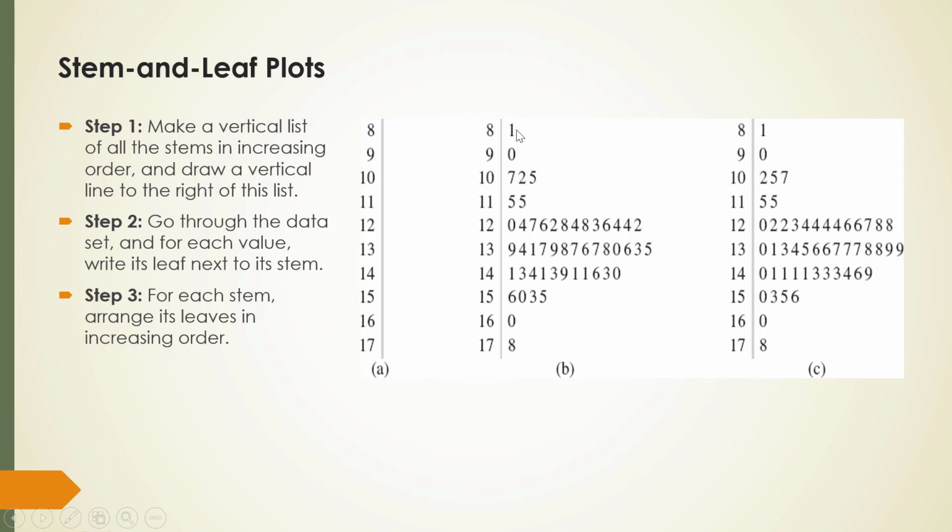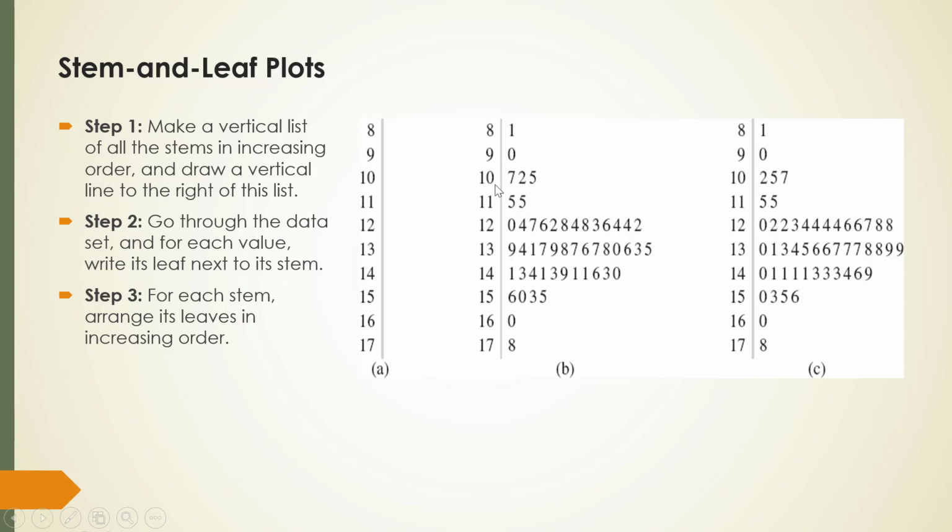For example, number 1 here means 8.1. So in 8.1, 8 is the stem and 1 is the leaf. 90 means 9.0, so 9 is the stem and 0 is the leaf. Here we have 10, 7, 2, 5.